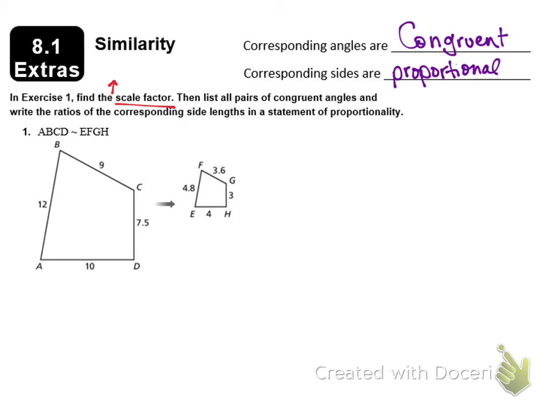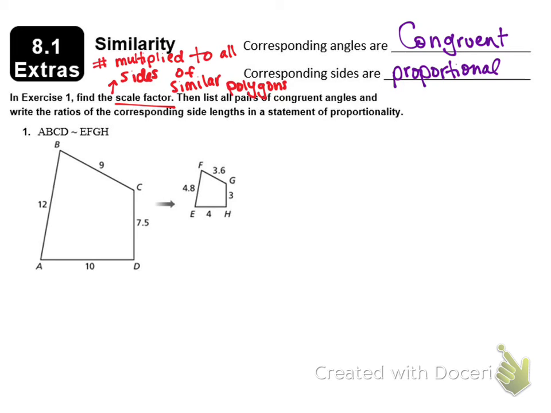I would write above it just to remind yourself what a scale factor is. It is the number that is multiplied to all the sides of similar polygons.